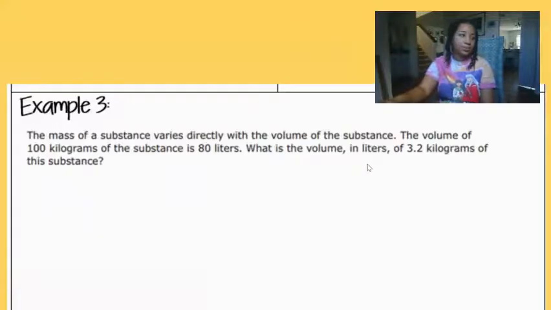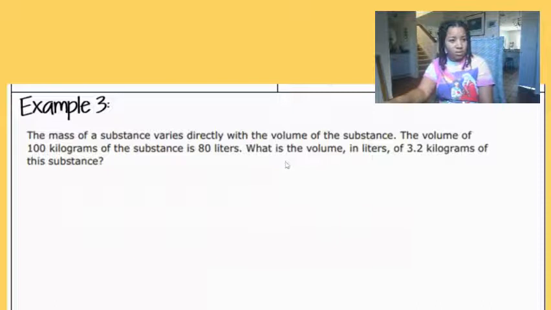Okie dokie. So example 3. The mass of a substance varies directly with the volume of the substance. The mass of the substance is 100 kilograms, and the volume is 80 liters. What is the volume in liters if the mass is 3.2 kilograms of the substance?